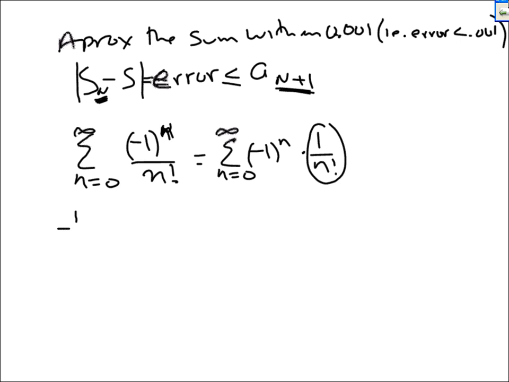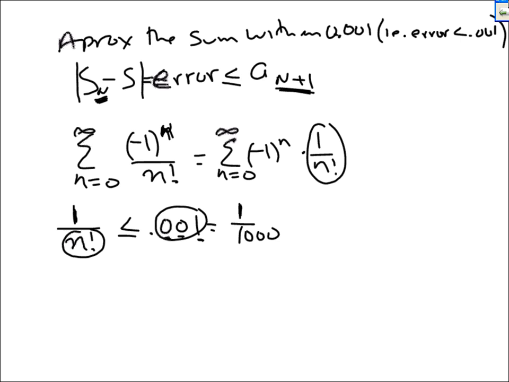I want 1 over n factorial to be less than or equal to 0.001. That means, since the numerators are both 1, I want n factorial to be more than 1,000. Well, 5 factorial is 5 times 4 times 3 times 2, which is 20 times 6, 120.